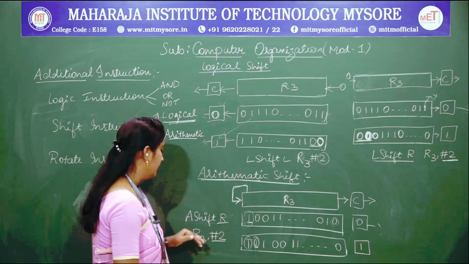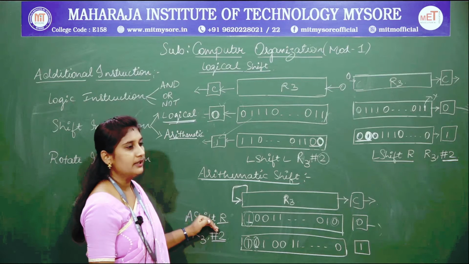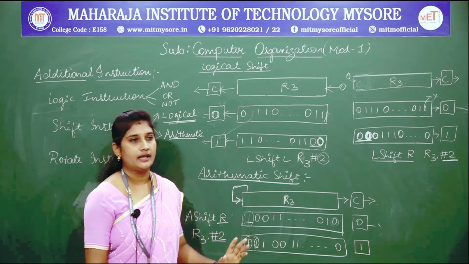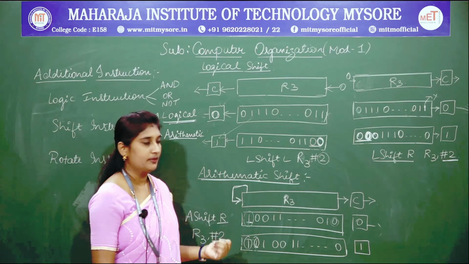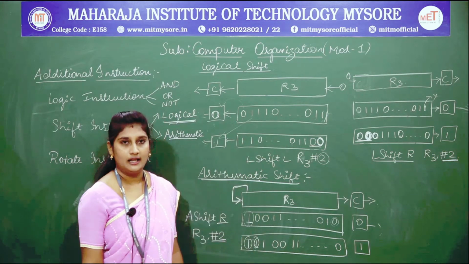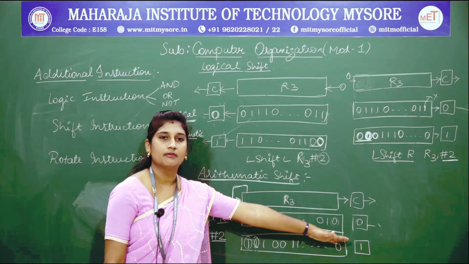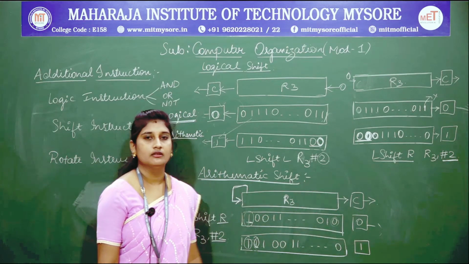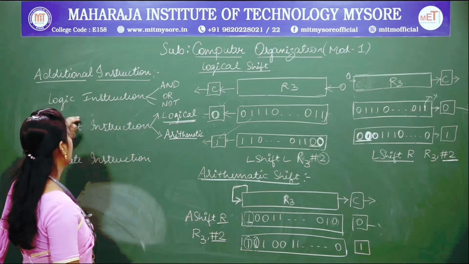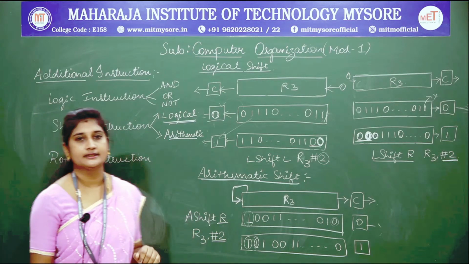This is how you will be carrying out the arithmetic shift right operation. The same way you will be carrying out the left shift operation. The difference is you will be moving the operands towards your left, and again you will be filling up the empty bits with the sign of the number. Fine. This is how the shift instructions operate.